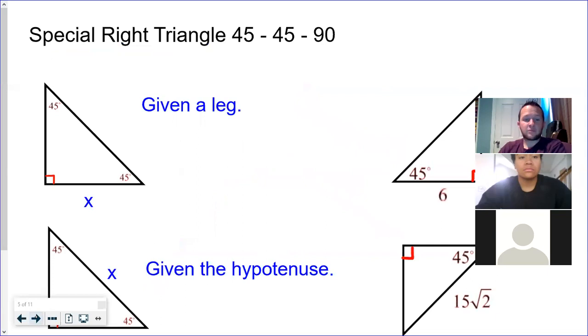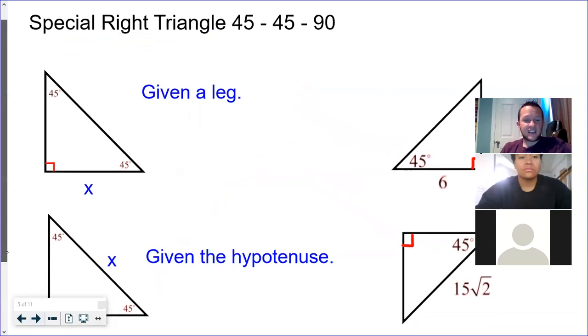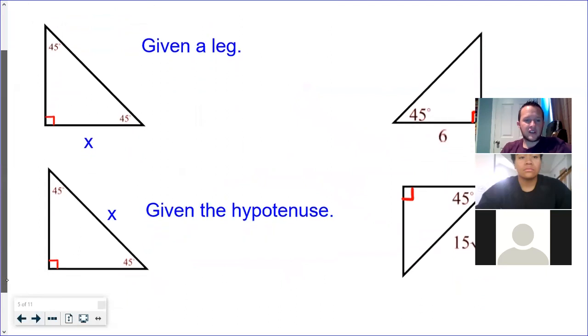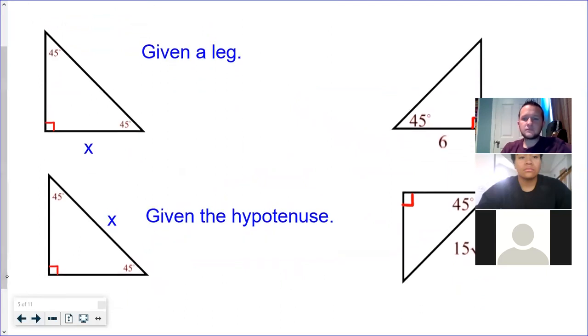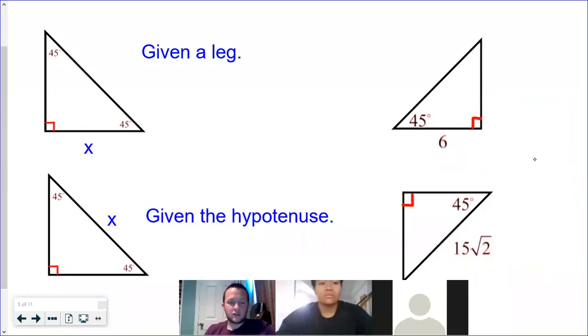Now, if you have printed off the notes, great. If you have not, I need you to take notes, especially on this next part here. I'm going to show you how easy it is to find missing sides in a right triangle if you know the trick.